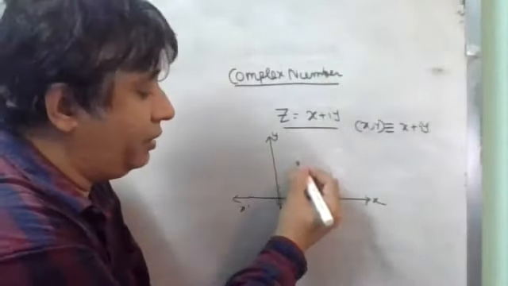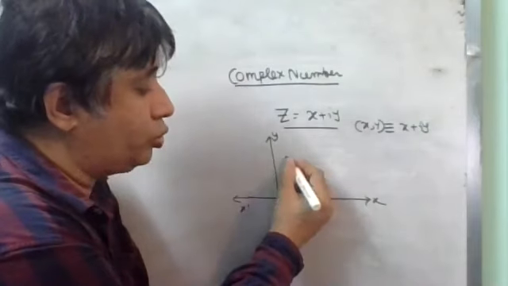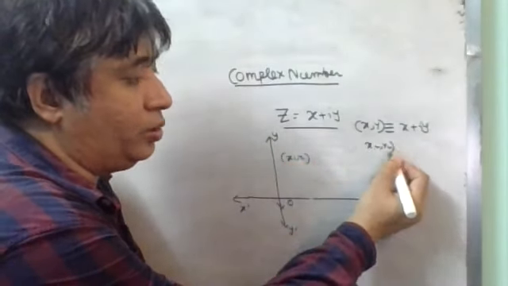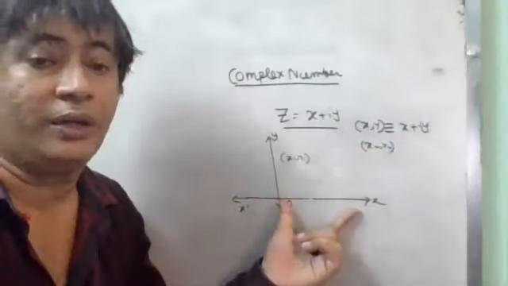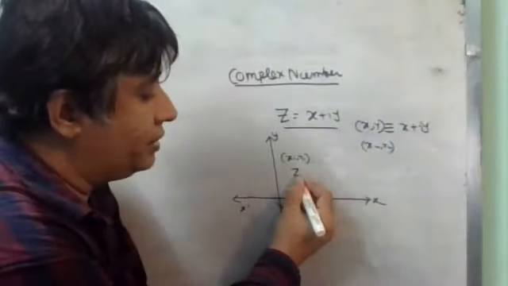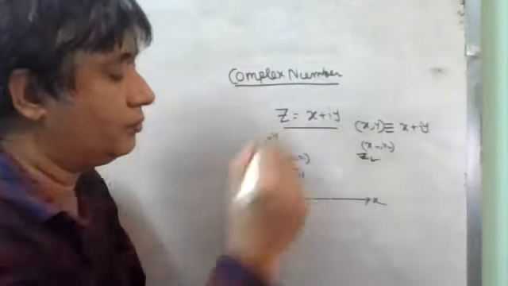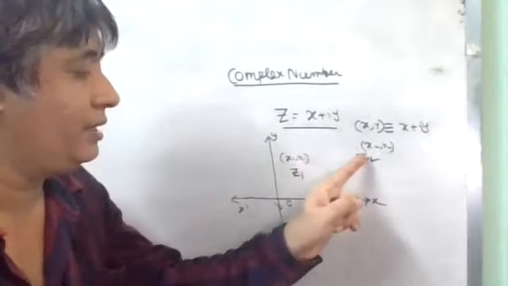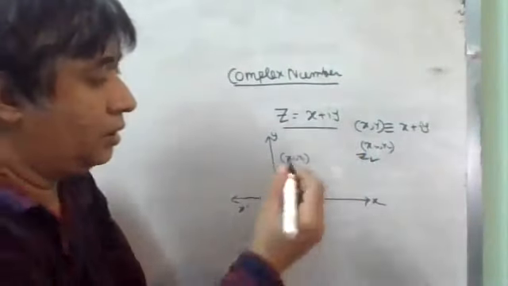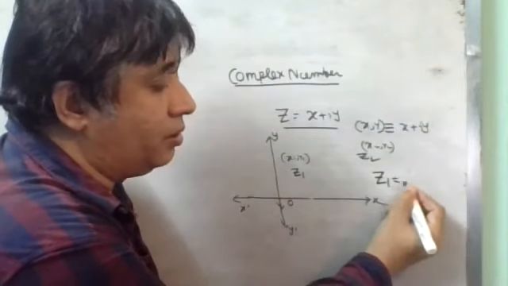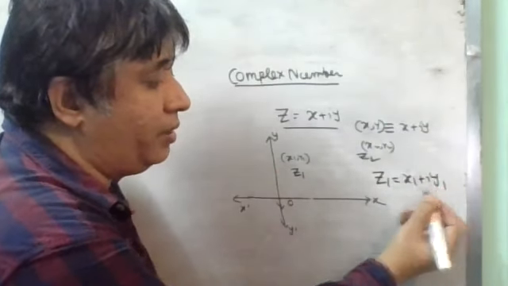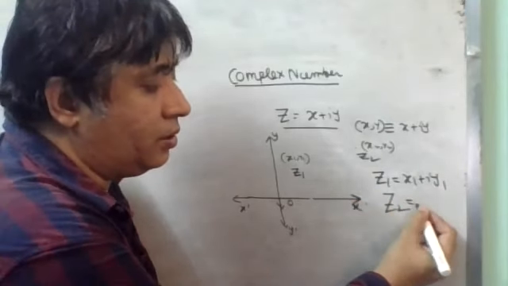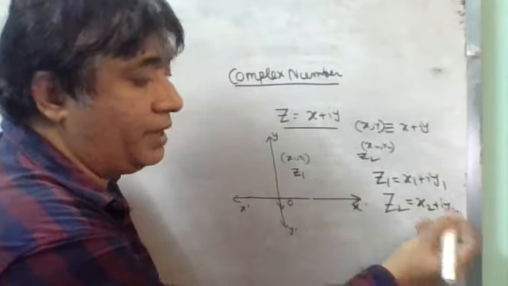Suppose there are 2 points, x1, y1 and x2, y2, if you consider this coordinate geometry, and z1 and z2, if you consider these 2 points lie in the complex plane, where z1 is equal to x1 plus iy1 and z2 is equal to x2 plus iy2.